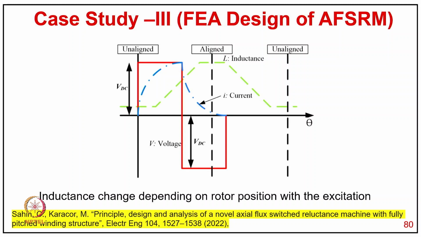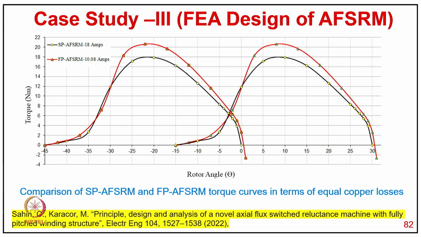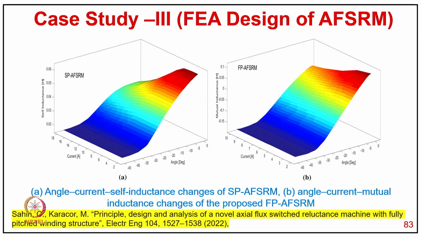In the 2 cases for the current, the inductance variation, and then how the inductance, angle, current and torque variation is there for your short pitch and full pitch winding. And you can clearly see full pitch winding certainly has the higher torque compared to the short pitch winding, in terms of equal copper area.